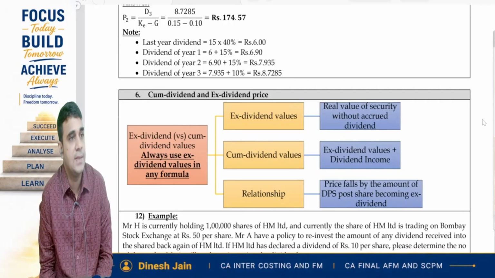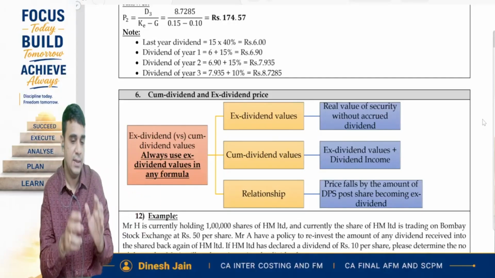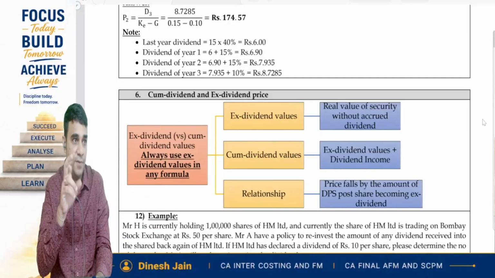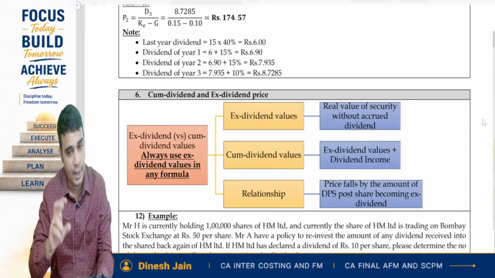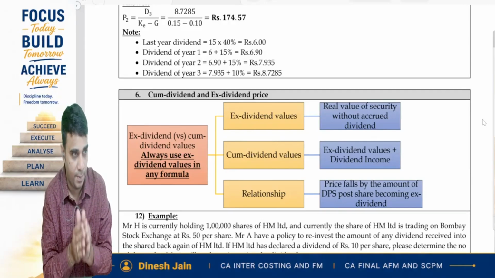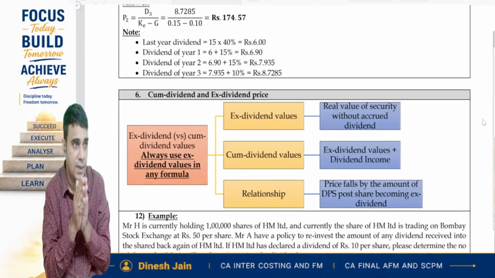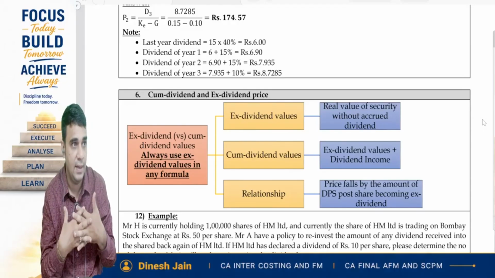Cum dividend and ex dividend price means whenever I buy any asset, the asset can be either with the income or without the income. I gave you an example that time: assuming I want to buy this property, if I buy it on December 31, I will get the December rental income as the owner.